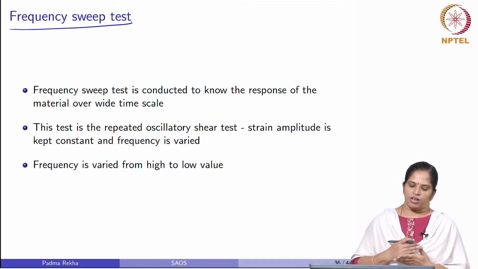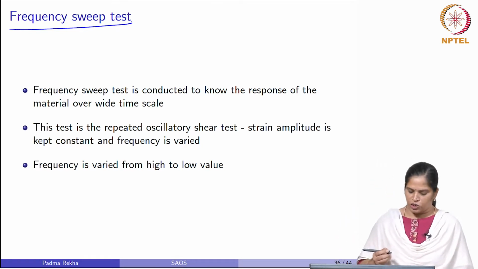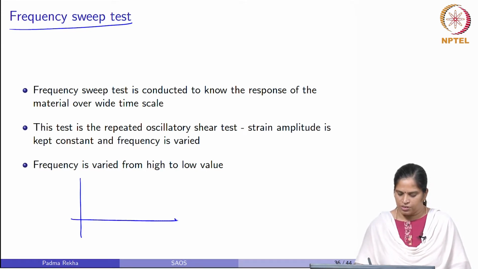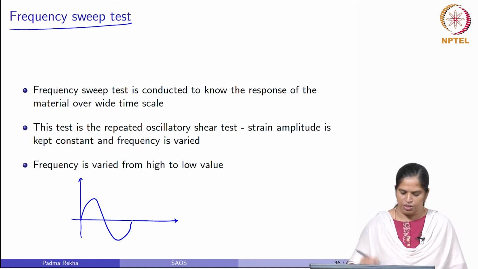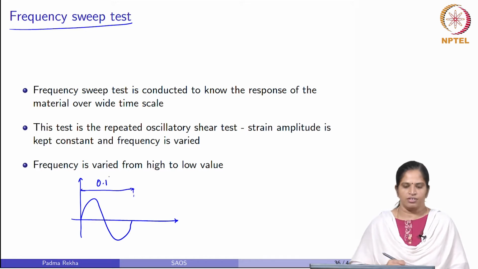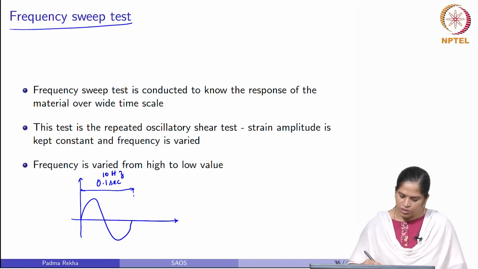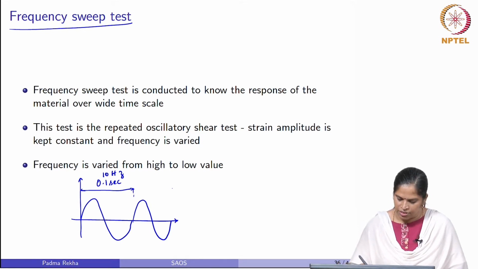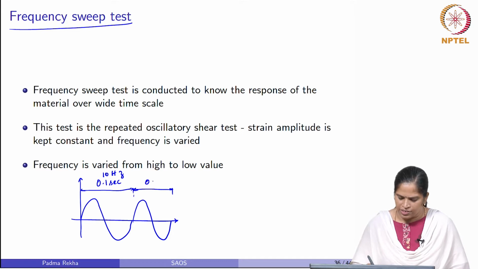Frequency is generally varied from a high to a low value, especially when you test bitumen. So, in the frequency sweep test, initially we subject the bitumen to a sinusoidal shearing. Say the time of a cycle is 0.1 second, or high frequency, which corresponds to 10 hertz. The next cycle will take less time, say 0.8 seconds.